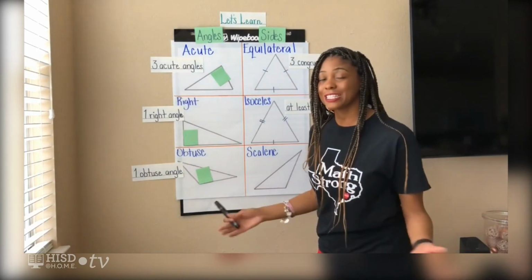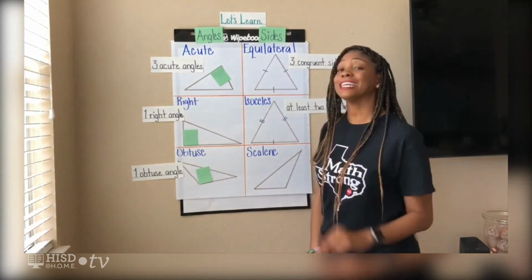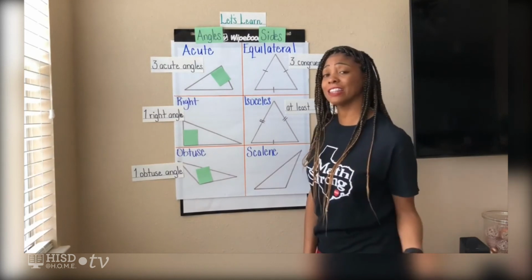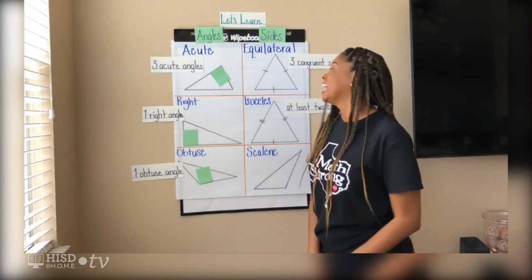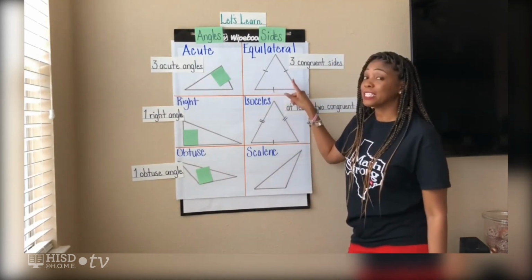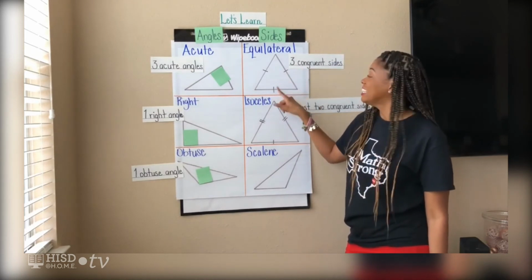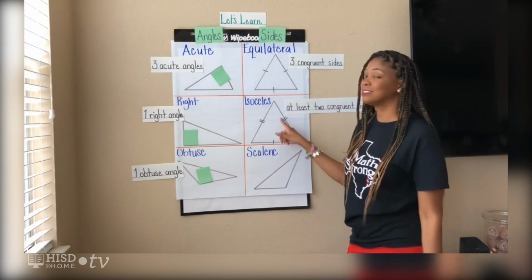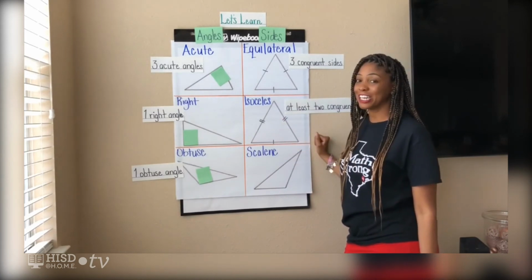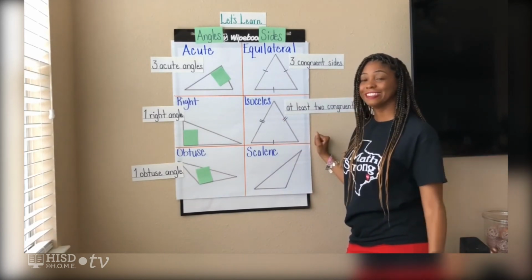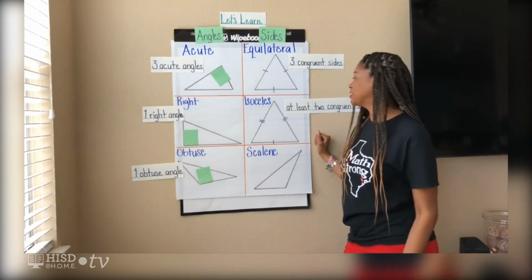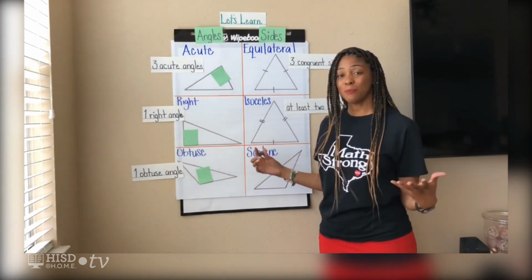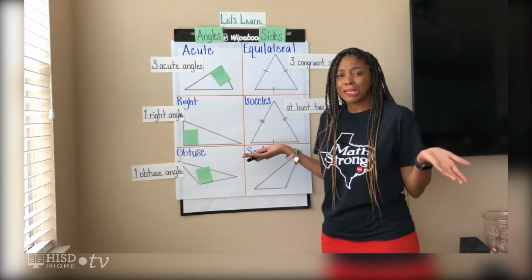Yes, I know there's three sides, but are there at least two sides that have the same length? Yes, there are, which means that an equilateral triangle can also be called an isosceles triangle. Look at that. I know, so simple, but who would have thunk it, right?